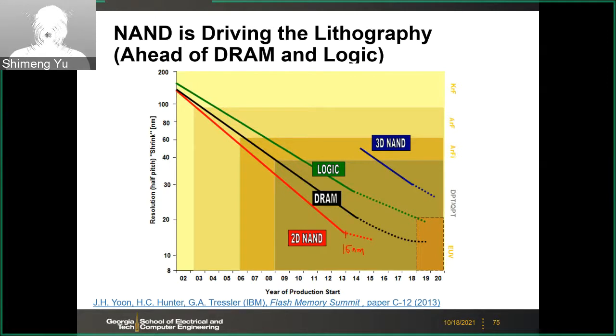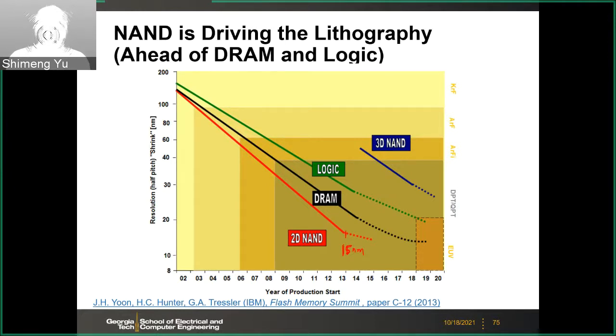This is a real number. The technology node, as we discussed in the NAND flash and DRAM, really means the physical feature dimensions on chip. It's unlike logic. In logic, there's no correlation between the technology node and the physical dimensions, like 5 nanometer, 3 nanometer.